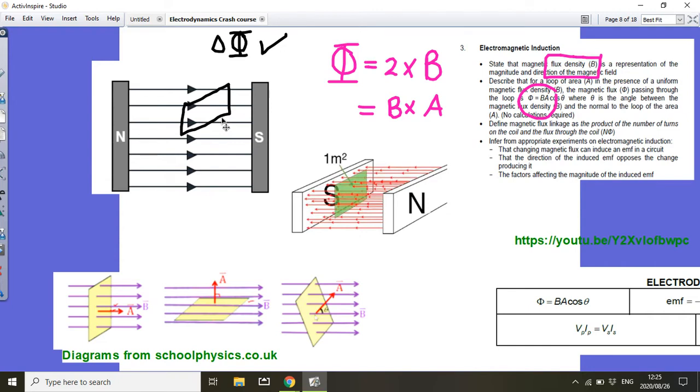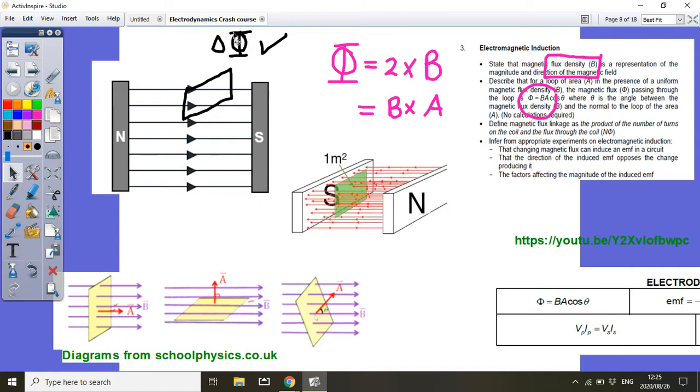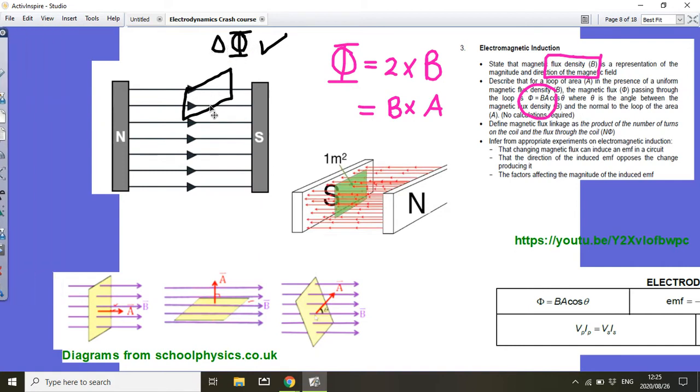Again, once I move there, 1, 2, 3 lines. Only when I start moving out of my coil, it went from 3 to 2 lines. So is there now a change in magnetic flux? Yes, and this is important for later. So there's a change in magnetic flux as I move.